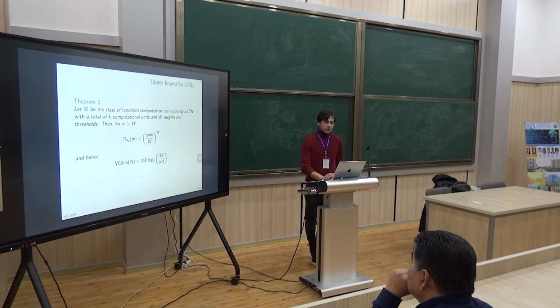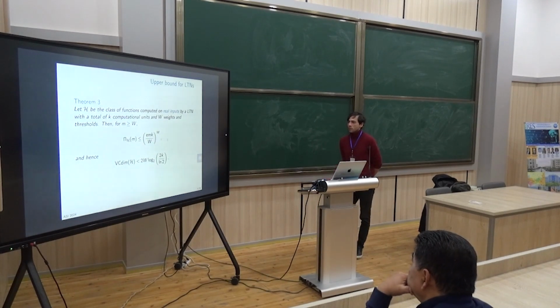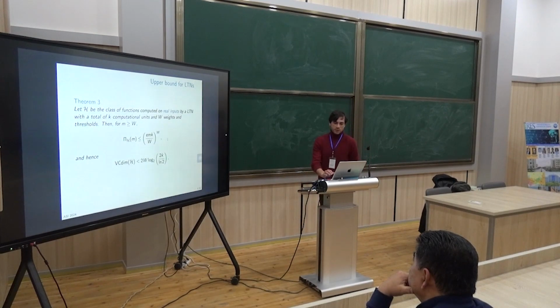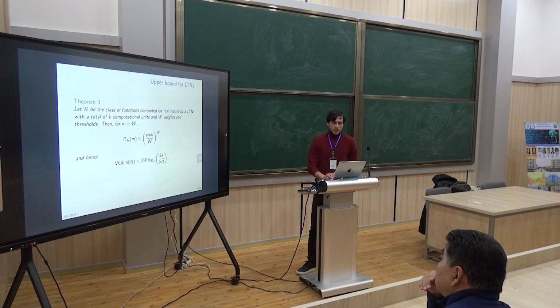So the growth function for that hypothesis class is bounded above like this: (e·n·k/W)^W. Here e is just the Euler constant, n is the number of data points, k is the number of computational units, and W is the number of weights and biases or thresholds.